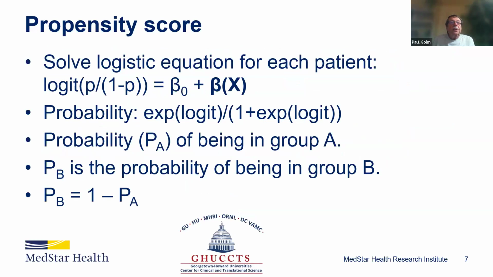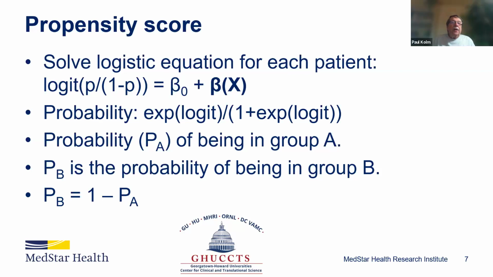And so we're just going to use a regular regression equation to come up with a probability of being in one group or the other. And so the probability is just the exponent of the regression equation divided by 1 plus the exponent of the regression equation.